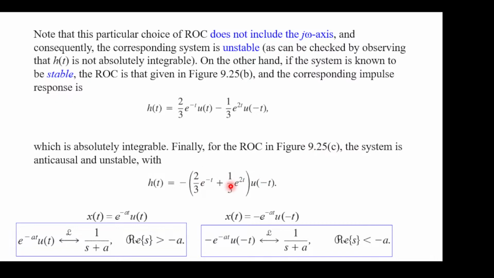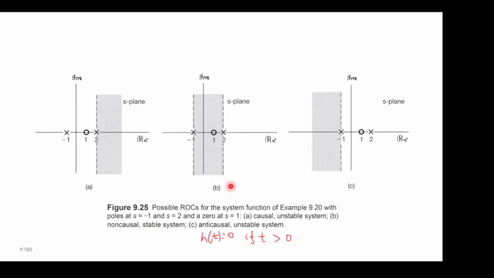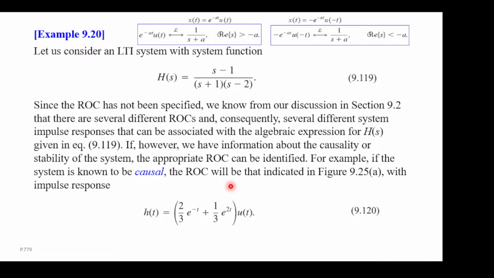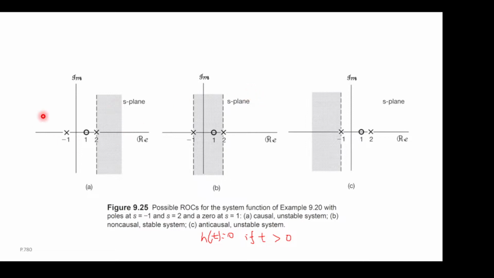Okay, any question on this example where you have a system function and you write down its poles and zeros. The zeros don't matter here, so you look at the poles, and then you can determine your RC by specifying a property. If you want to be stable, then you must include the j omega axis, and if you want to be causal, then you need to pick the rightmost side.